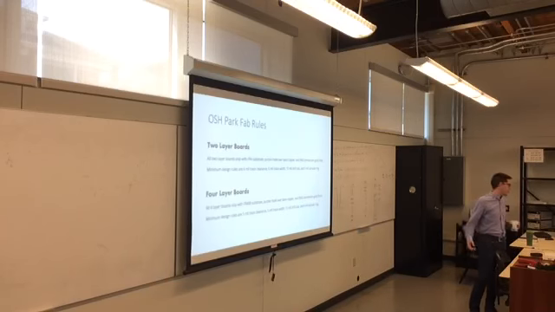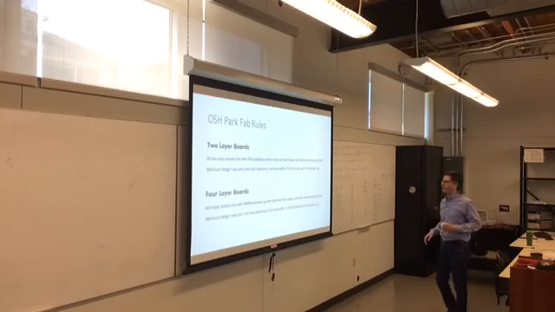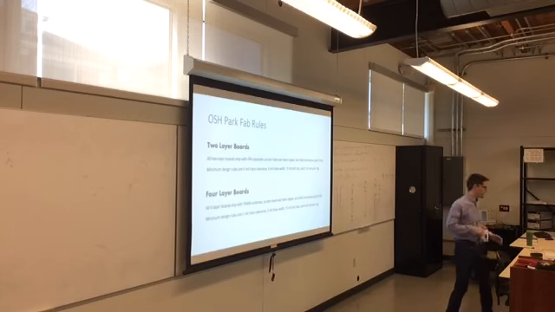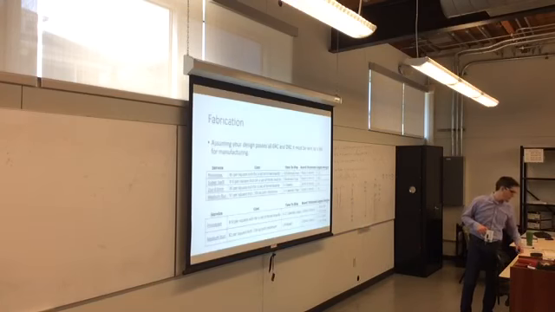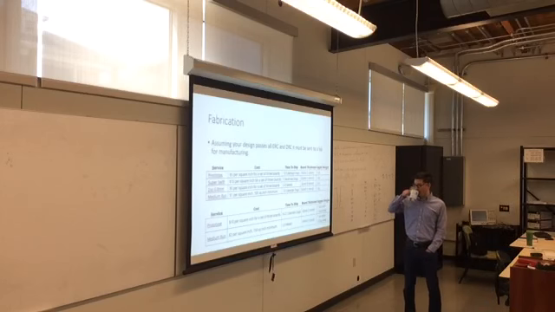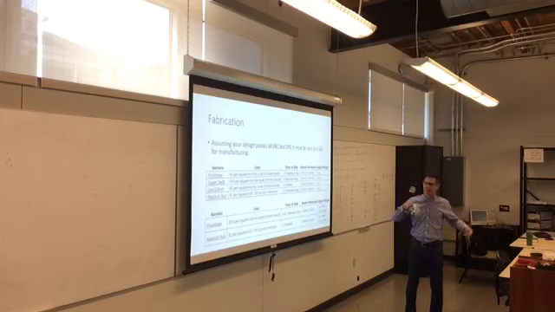So if you buy a better board, if you're paying more, they can be more accurate, is generally the idea. But a 4-layer board is going to be double the cost of a 2-layer board.